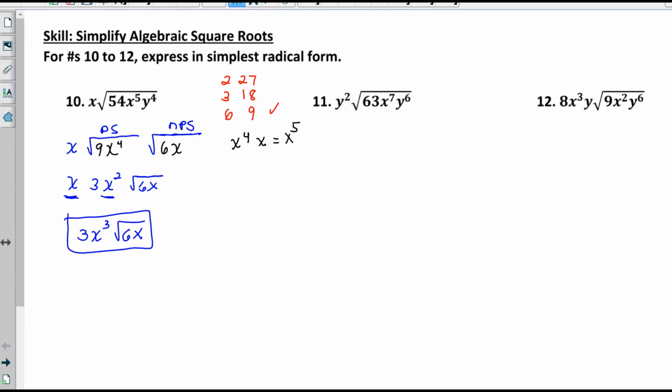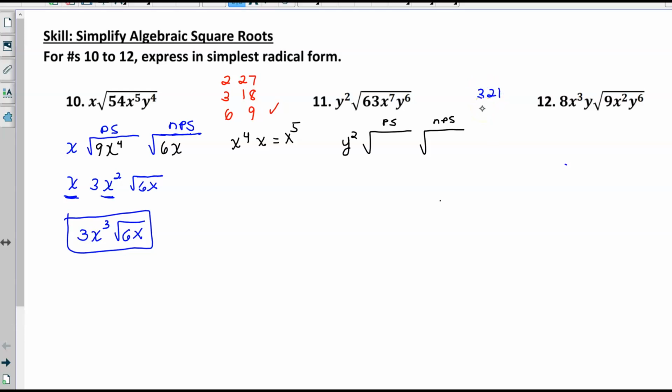Example 11, we're going to do the same thing. So we're going to carry down the y squared. We're going to break the 63x to the 7th y to the 6th into the perfect square piece and the non-perfect square piece. So let's think of factors of 63. Well, we have 3 and 21, neither are a perfect square.